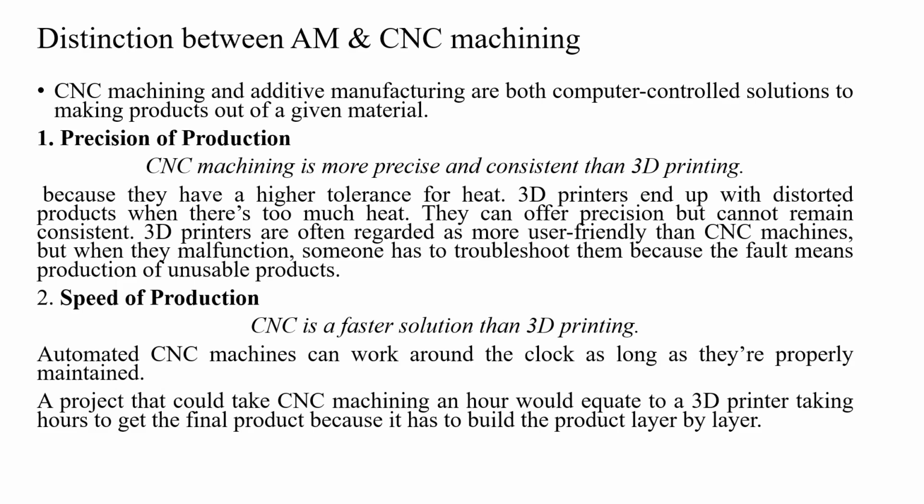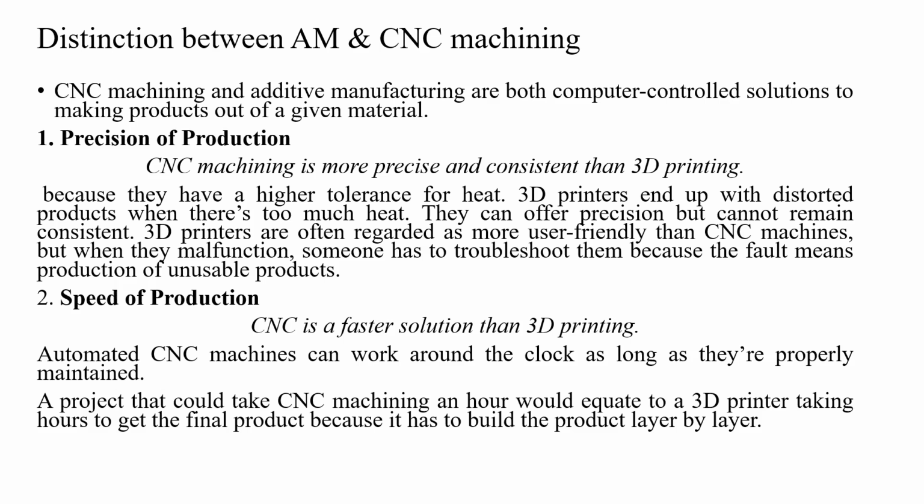The second point is speed of production. CNC is faster than 3D printing. The production speed is fast in the case of CNC machines. Automated CNC machines can work around the clock as long as they are properly maintained.